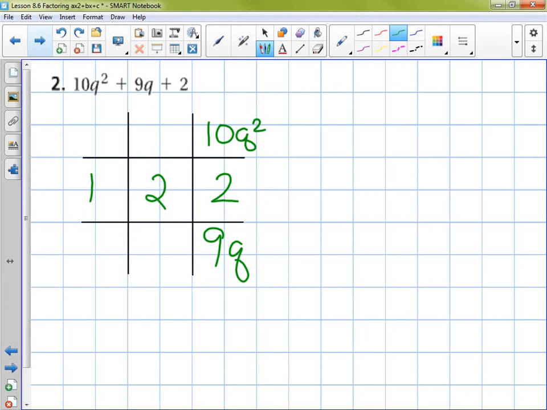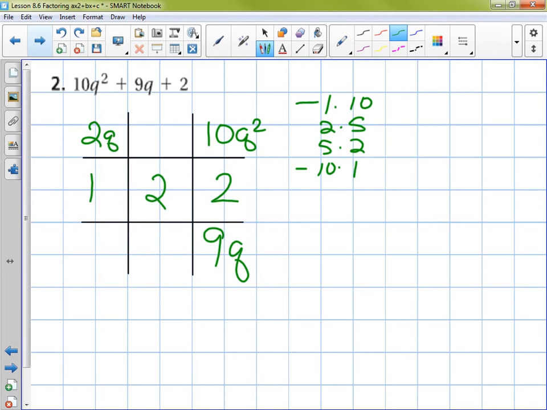Now you can get 10 by multiplying 1 times 10, or 2 times 5, or 5 times 2, or 10 times 1. There are 4 possibilities because the order now makes a difference. 1 times 10 is not the same as 10 times 1. So I'm going to try 2 times 5 first.